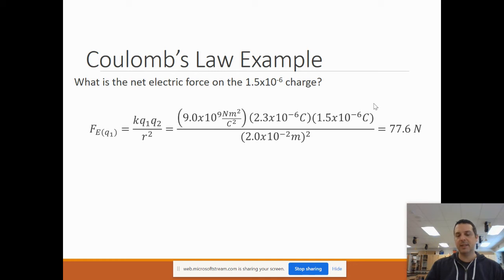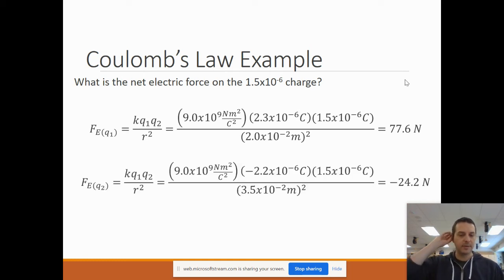Then I have the distance separating them, which is 2.0 times 10 to the negative 2 meters, squared. And I find that there's 77.6 newtons between the first and the second charge. Now, this is a repulsive force, so the first charge is going to feel that pushing to the left.